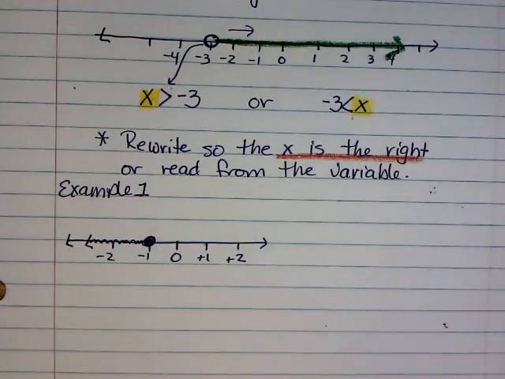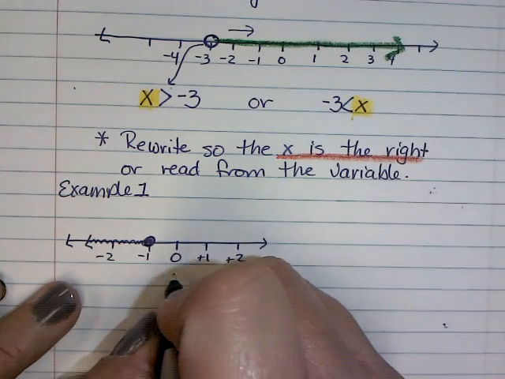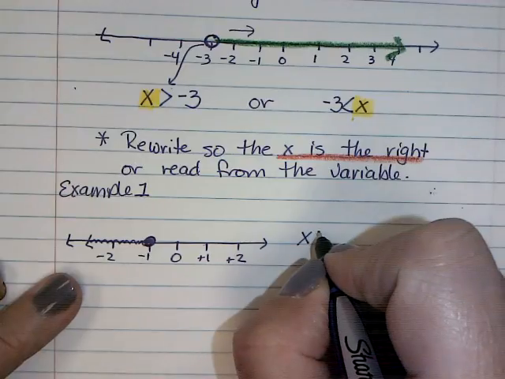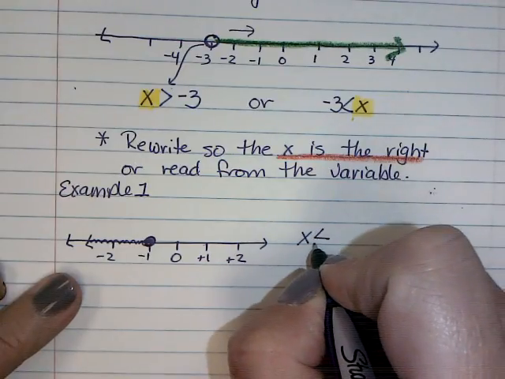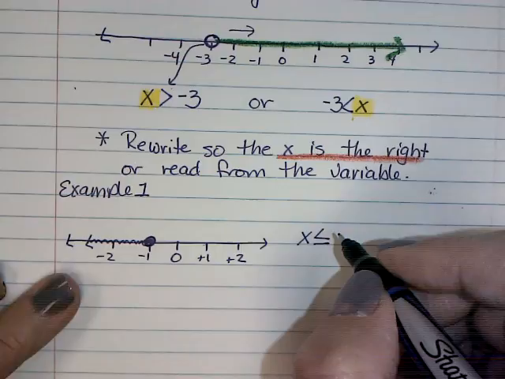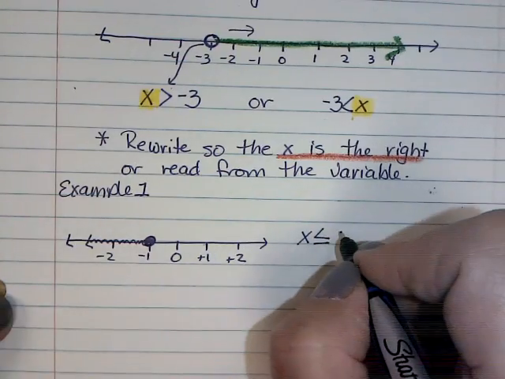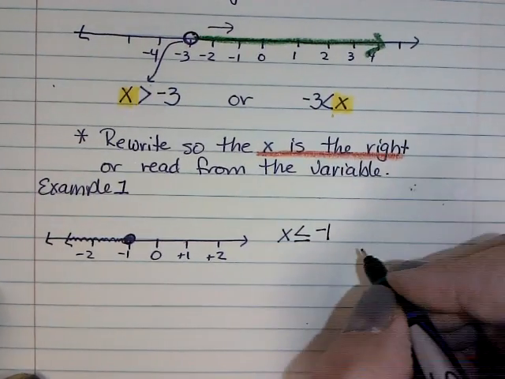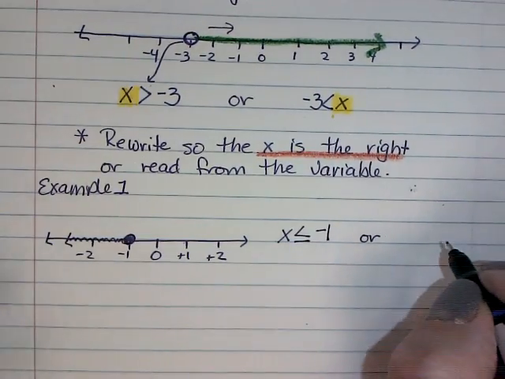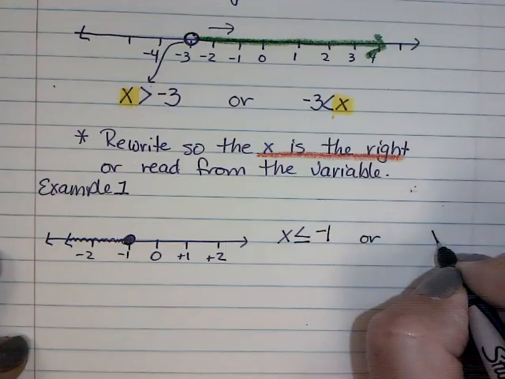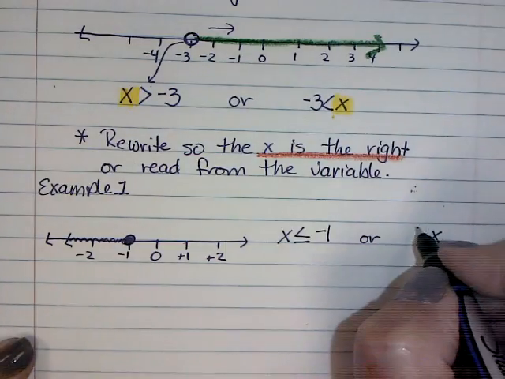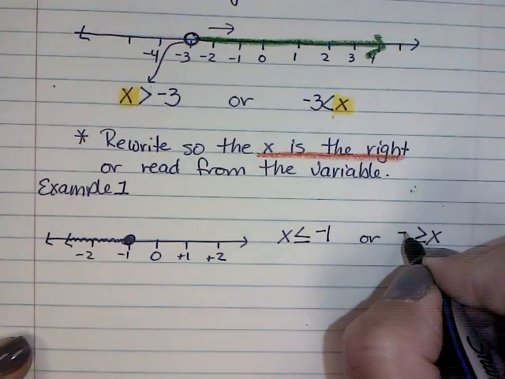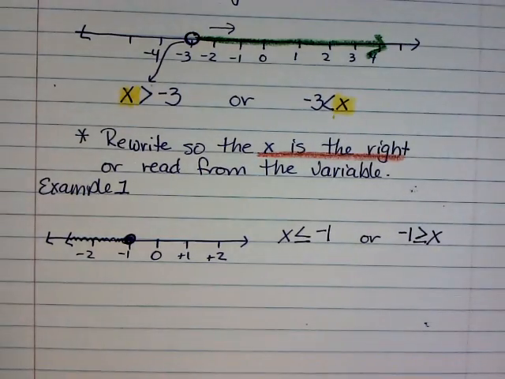Just make sure that you know that that is a closed circle versus an open circle, because that's really, really important. Now, I know that I have an x. I know my x is less than or greater, or sorry, let me try that again. Less than or equal to -1. Or, if my x is on the right side, I need to make sure that the pointy end is facing the x, an equal sign, and -1 on that side.